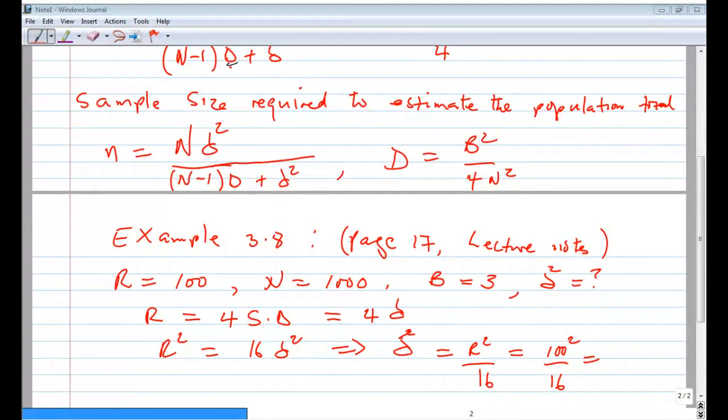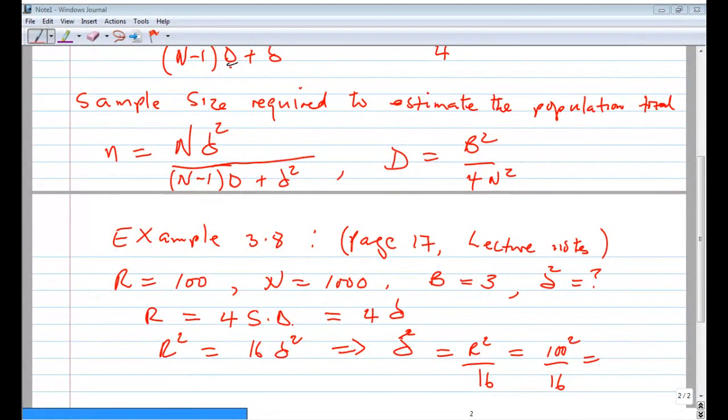Sir, what happened to the D? To the D? It's R equal to 4 SD. S is for standard, D for deviation.